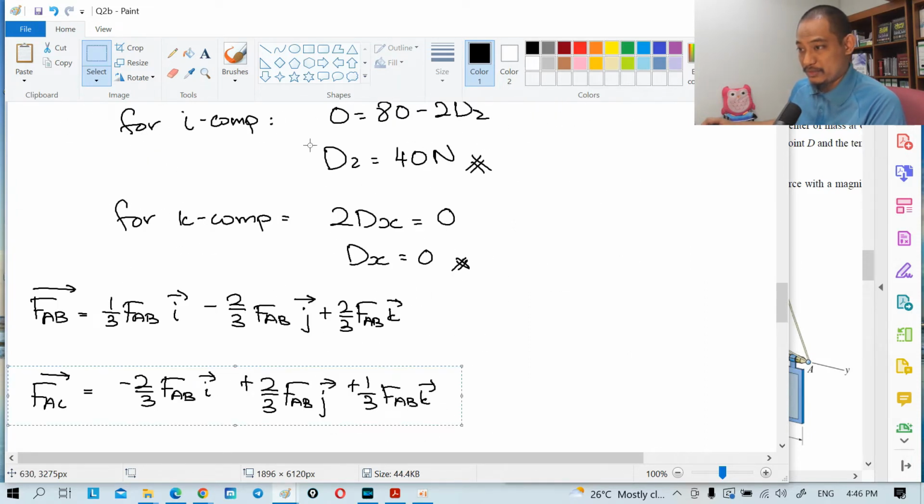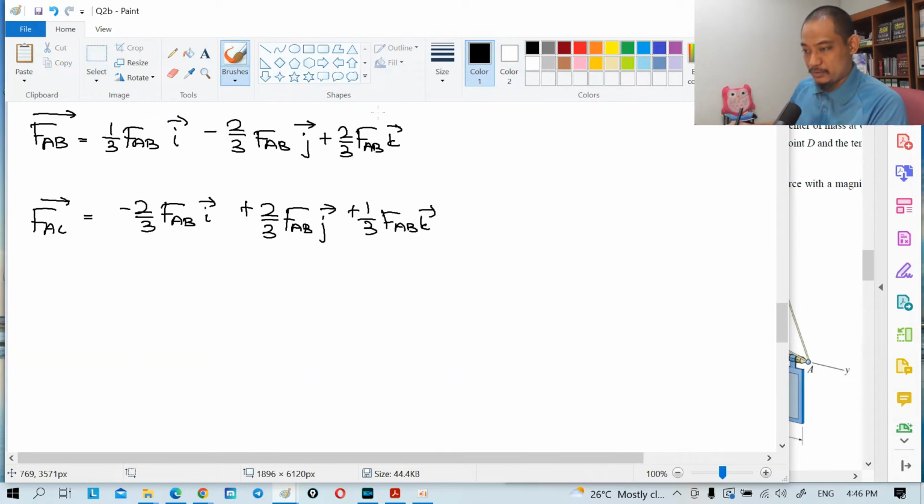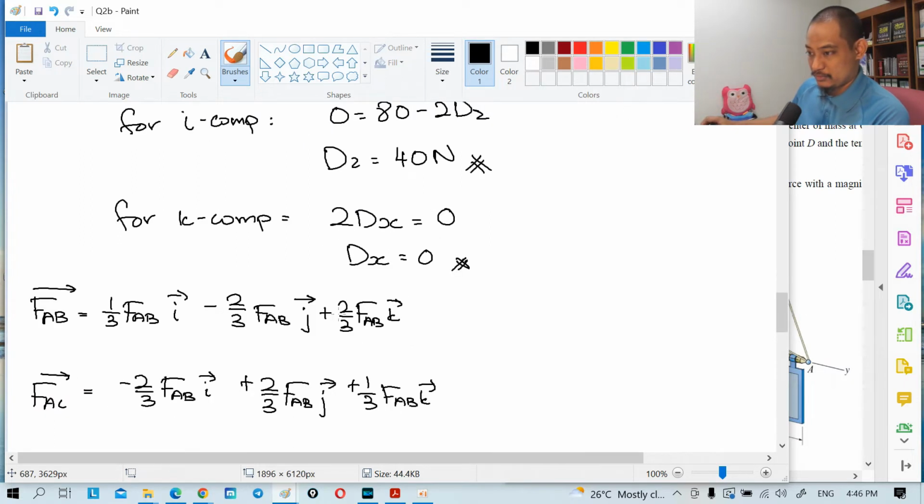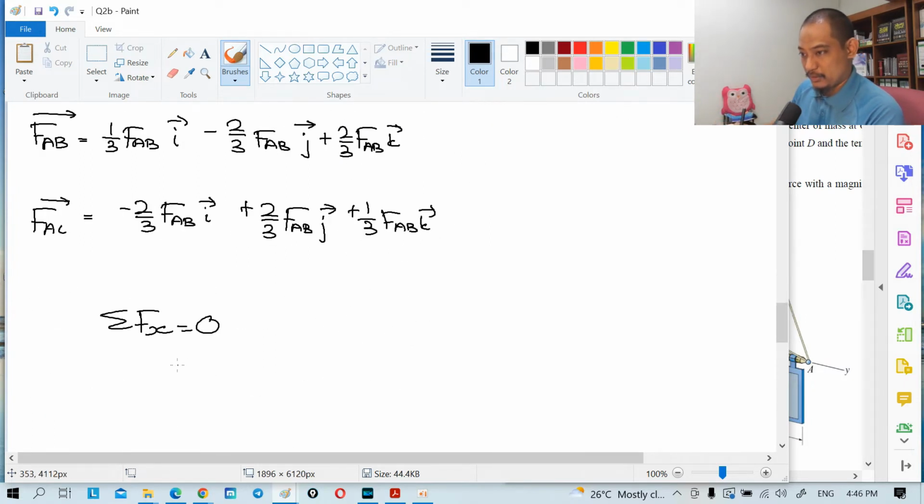All right, so based on this, if you do a summation of Fx equal to 0, meaning all the x components you have to add equal to 0, so from above here dx is 0, and you have 1 over 3 FAB minus 2 over 3, wait, why is it FAB here?